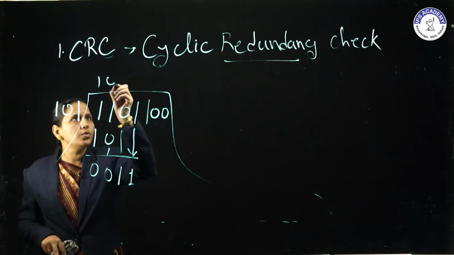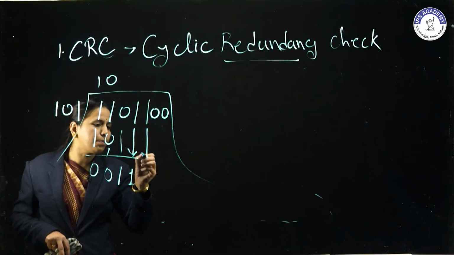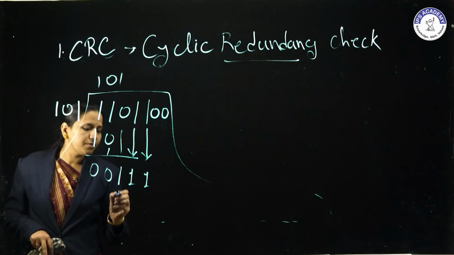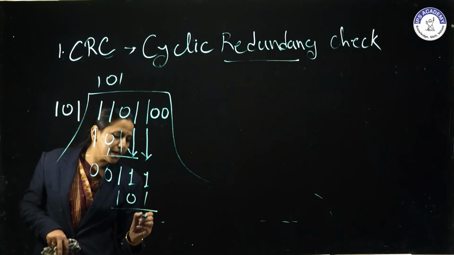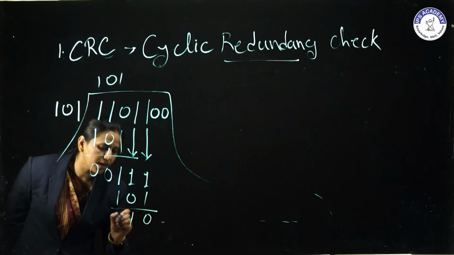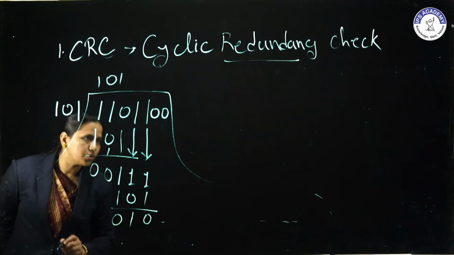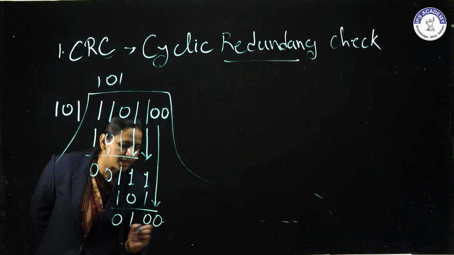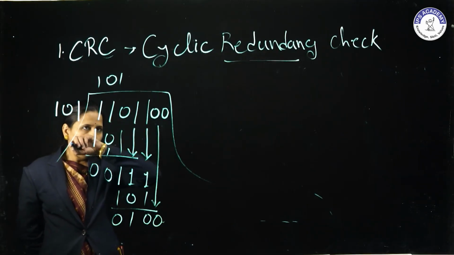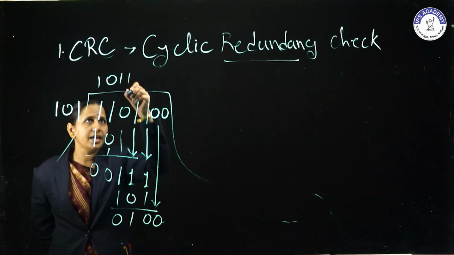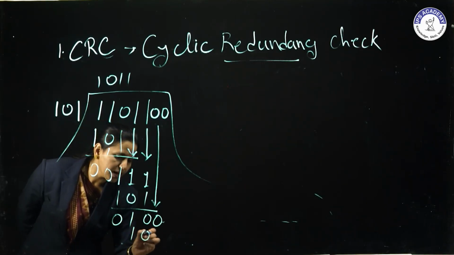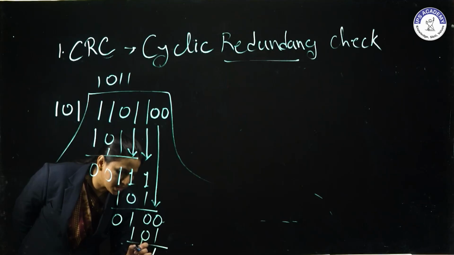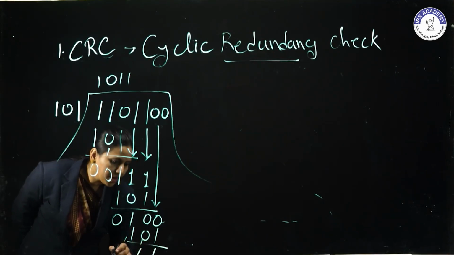So we need to use a 0 here and copy the next bit, that is 1. Now 1 1 0 1, 1 minus 1 is 0, 1 minus 0 is 1, 1 minus 1 is 0. Again we need to use the next bit, that is 0, then again 1 1 0 1. So 0 minus 1 is 1, 0 minus 1 is 1.